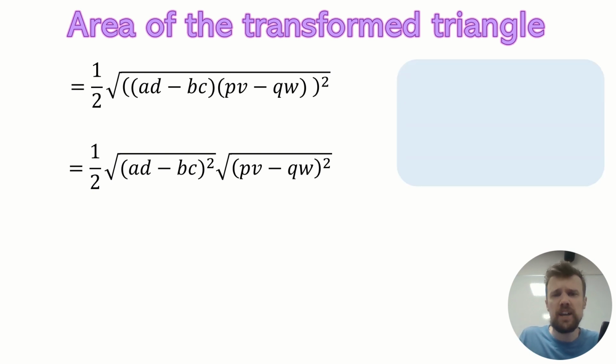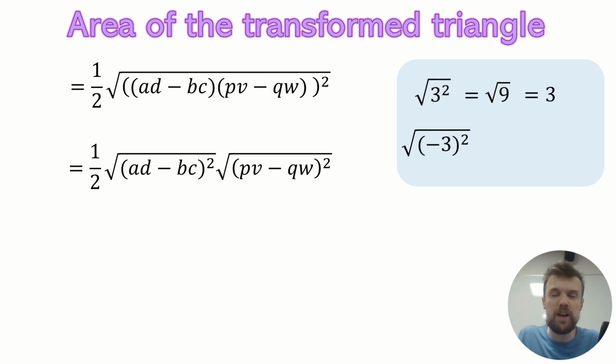Be aware that if you square, for instance, 3, you'll get 9, and the square root of 9 is positive 3. But interestingly, if you do the same to a negative number, let's say we're squaring minus 3 and then square rooting, when you square the minus number, it will come out as a positive number again, but a square root will always still have to come out with a positive number.